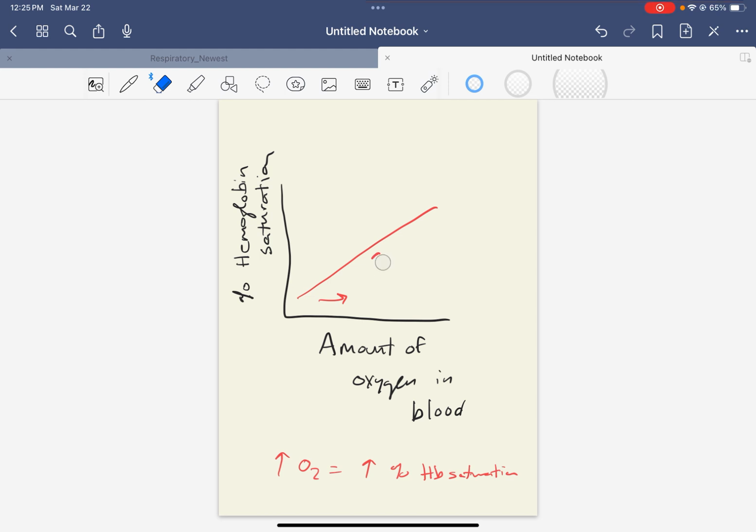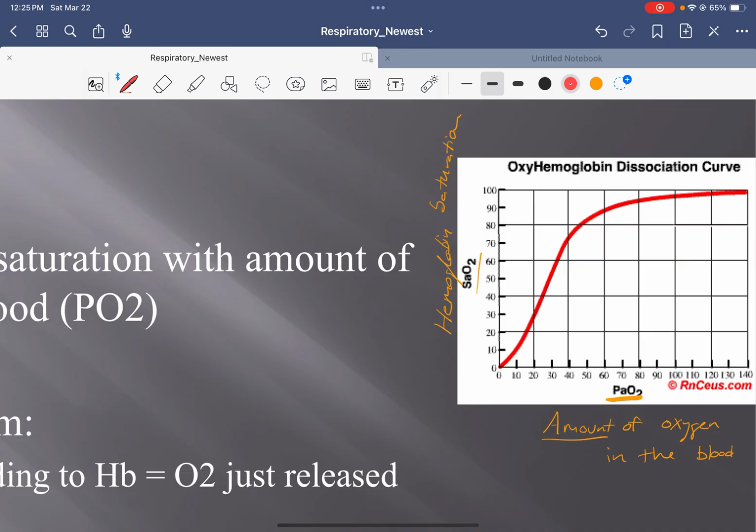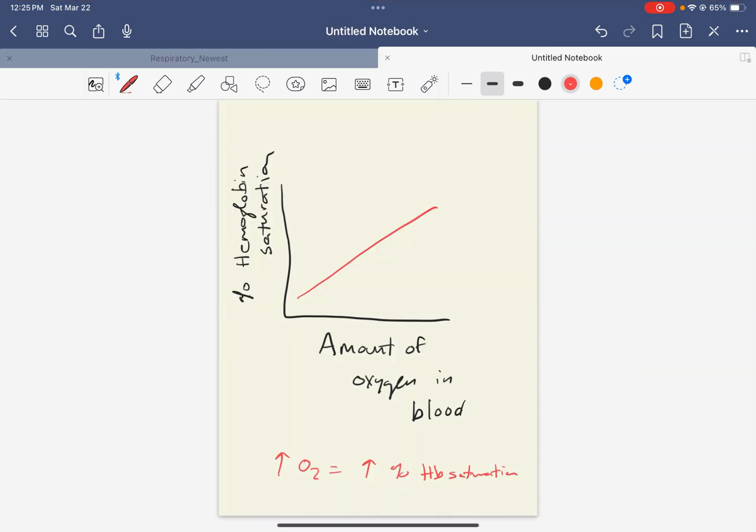The more oxygen that I have in the blood, then the more hemoglobin I can saturate. So this relationship is nothing new to us. What is new is the shape of the curve. If you look at it, it is not a direct line. I drew it as a linear relationship, but it is not directly linear. It doesn't just go like that.